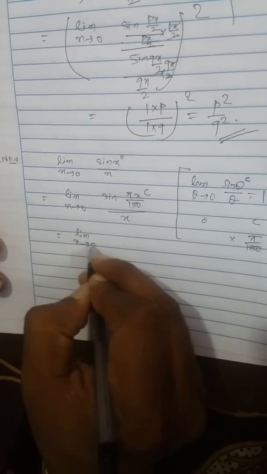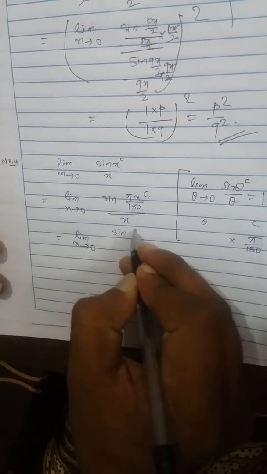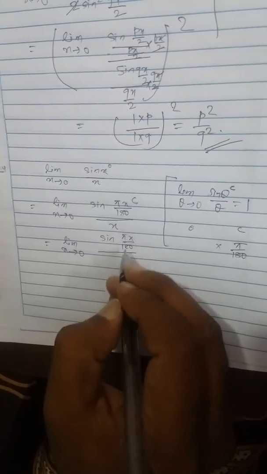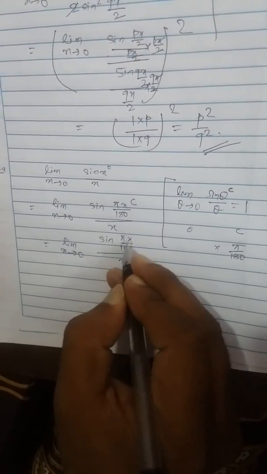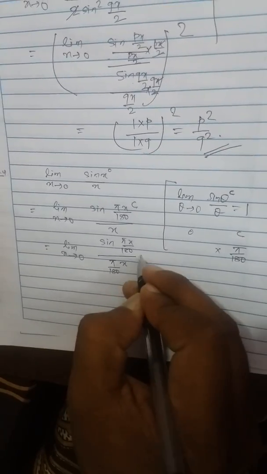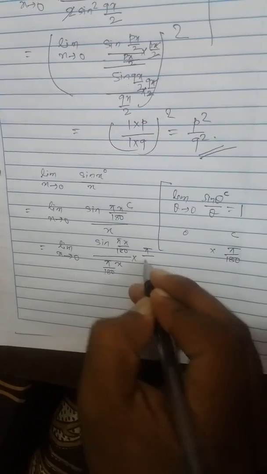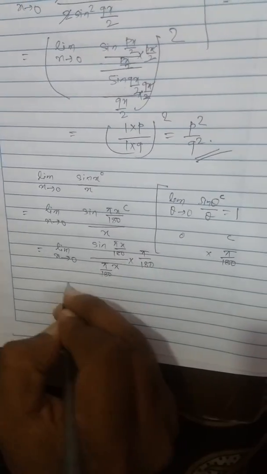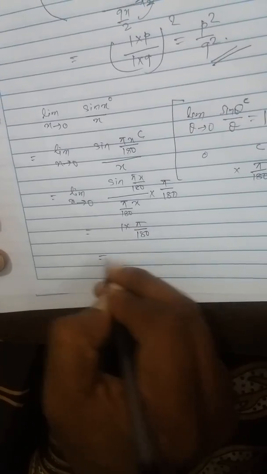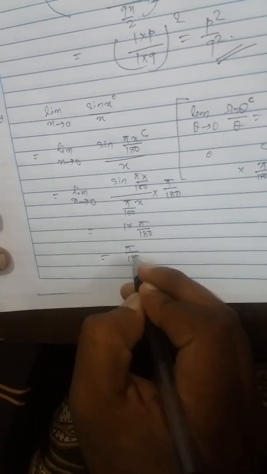The limit as x tends to 0 of sin(pi x/180) as it is; obviously it is in radians, not to be written now. Here x as it is. What are we lacking? We are lacking pi/180. That I am going to add here. To balance it, here also pi/180. This will be 1 times pi/180, which becomes pi/180. That's the answer.